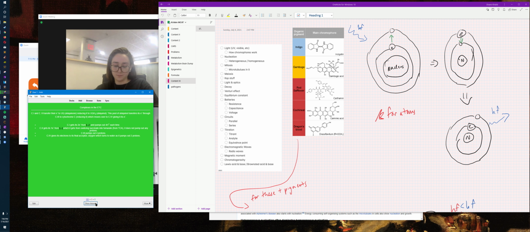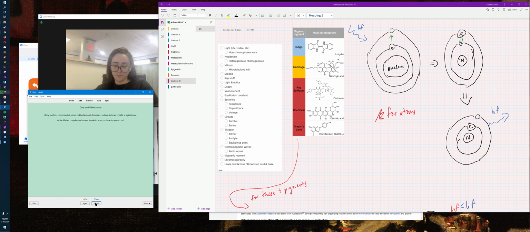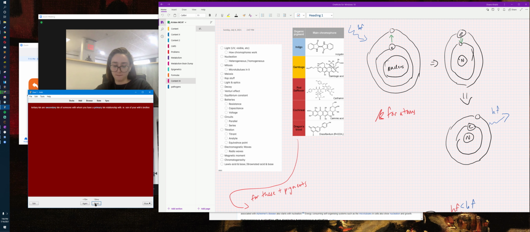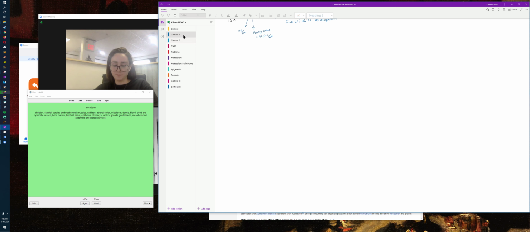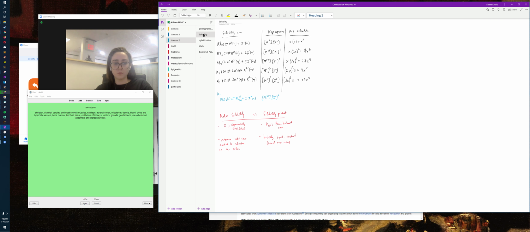KSP. So basically, if a precipitate forms, it's no longer soluble, right? I had a section here on solubility, in my content two notebook. KSP is an example.